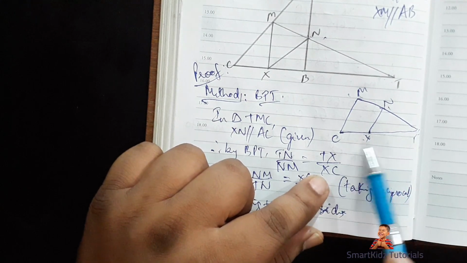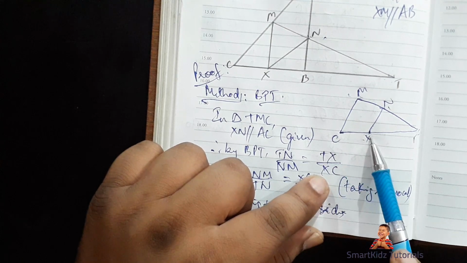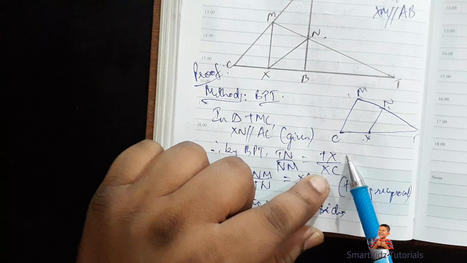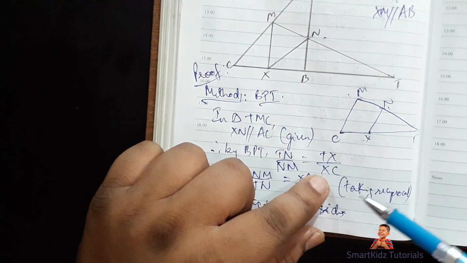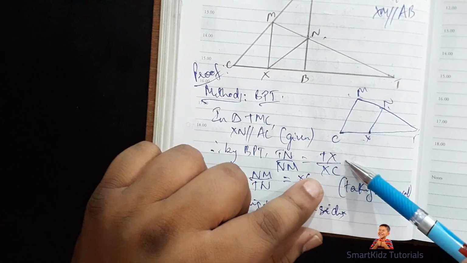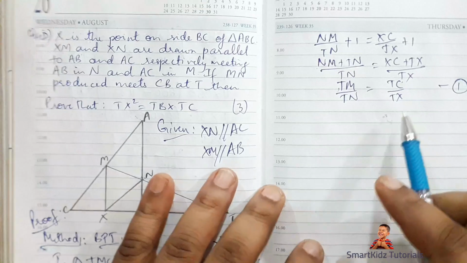I don't want XC at all. I need TC and I need TX square. So that is why I have to take the reciprocal and then add, so that this is what I get in the end.